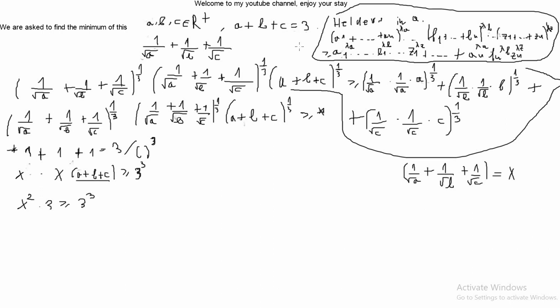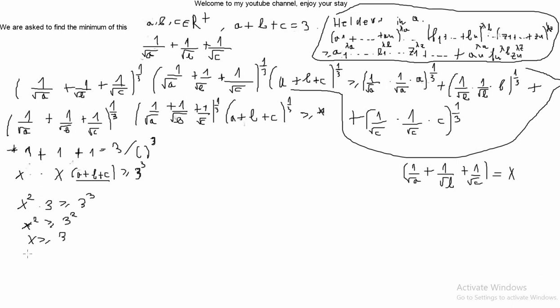We substituted this with this. It's the point where we are using that condition. And now we will have x squared is greater or equal than 3 to the power of 2. And now when we take the square root on both sides, we get x is greater or equal than 3.